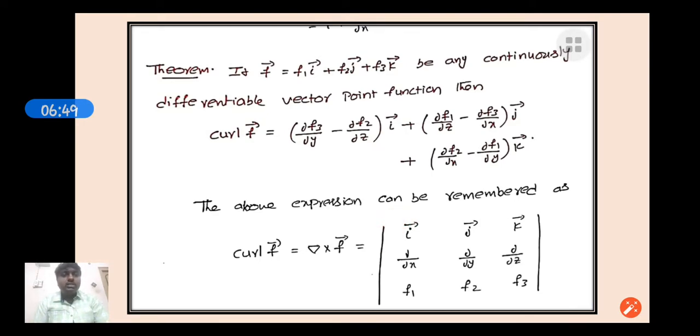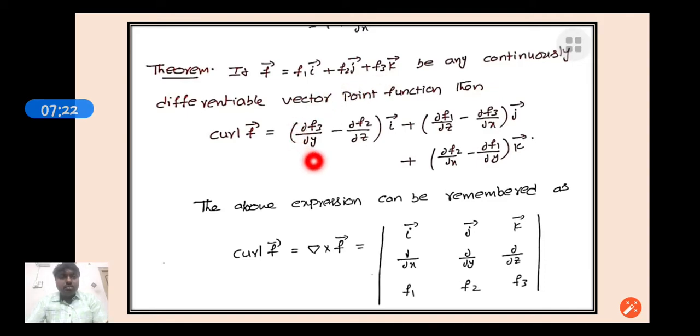This is stated in the above theorem. If f bar is equal to f1 i bar plus f2 j bar plus f3 k bar is any continuously differentiable vector point function, then curl f bar is defined as (dou f3 by dou y minus dou f2 by dou z) i bar plus (dou f1 by dou z minus dou f3 by dou x) j bar plus (dou f2 by dou x minus dou f1 by dou y) k bar.